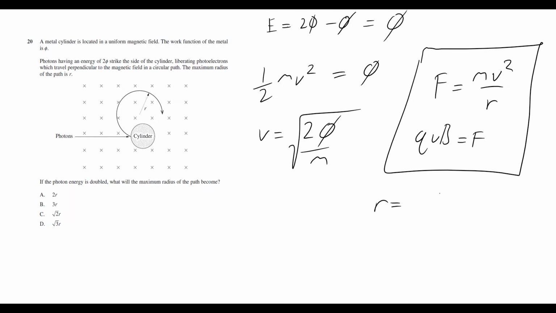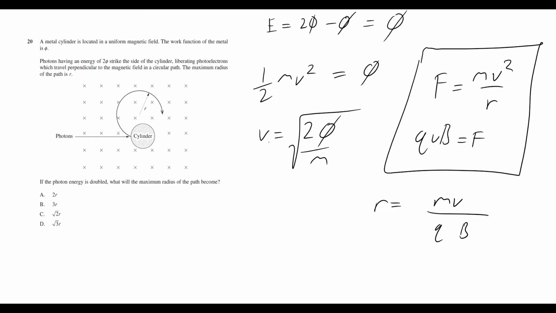And we can say that r is going to be equal to mv squared over qvb. And well, we see that there's a v squared in the top and a v in the bottom, so we can cross those out as such. So now we have the radius is given by mv over qb. Okay, fantastic. And what exactly is v again?